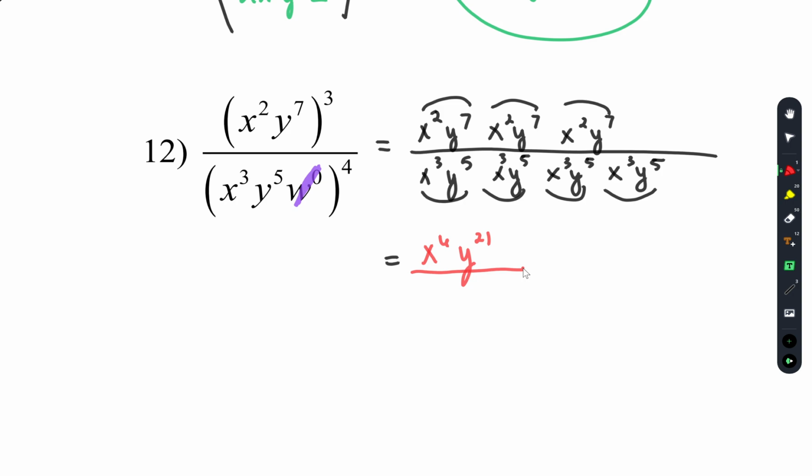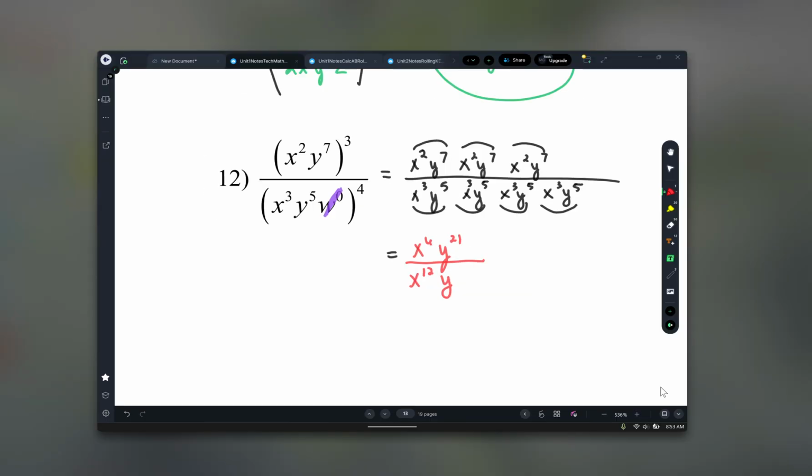Write this down. Then here we have 1, 2, 3, 4 groups of 3 x's. So x to the 12th. And then y, 5, 5, 5, and 5, 20.